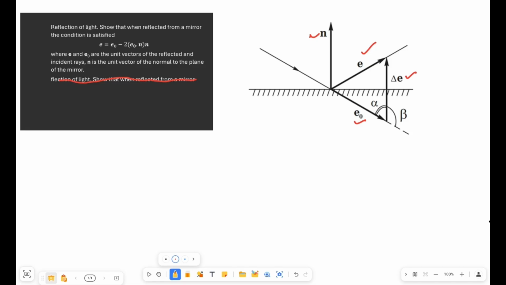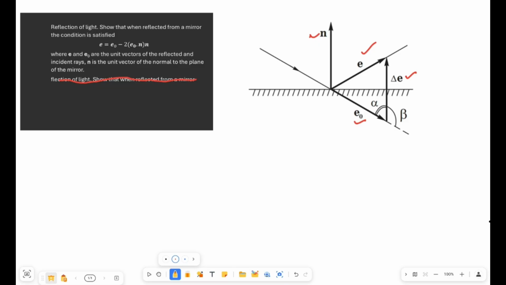And if you can see this picture, I have also taken two angles, alpha and beta. There is a purpose behind considering those angles, and you are going to connect with these angles pretty soon.